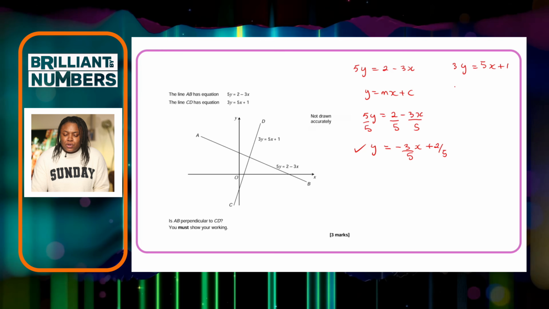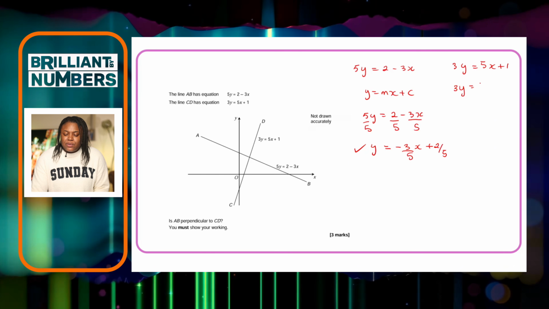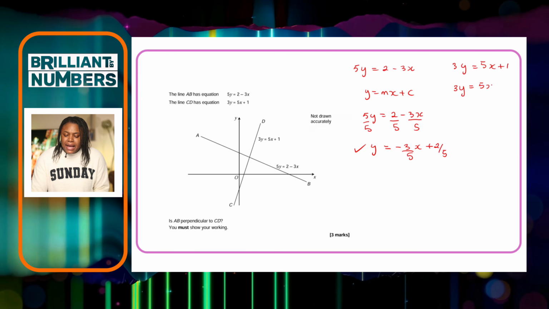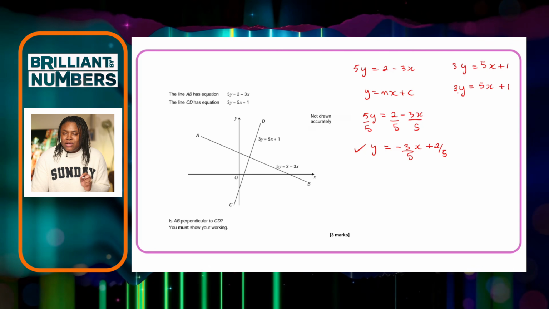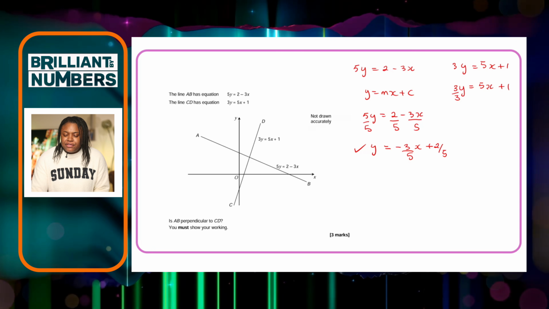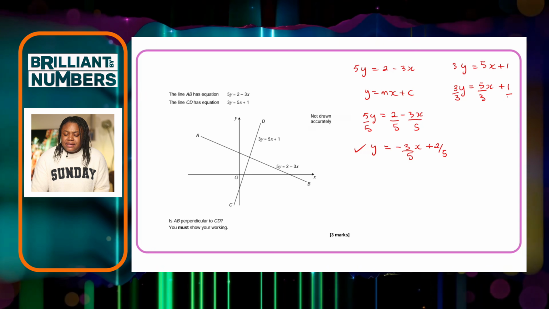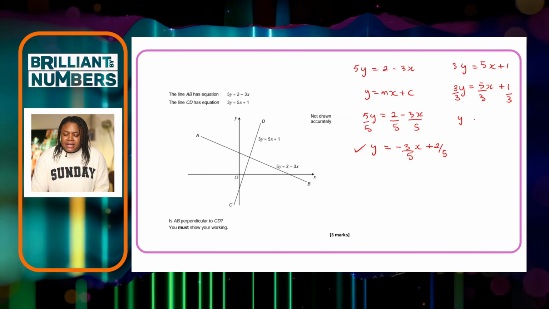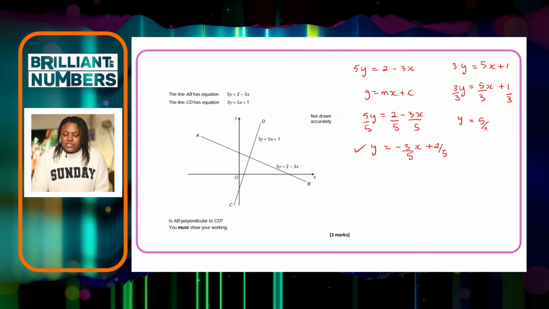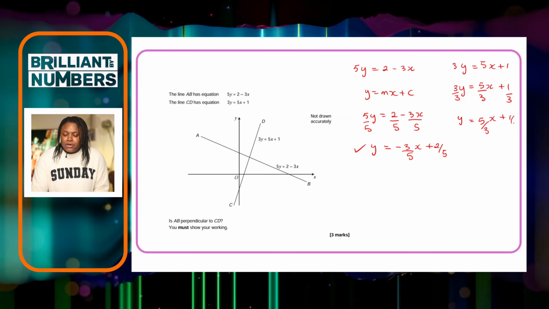Let's rearrange the second one. 3y equals 5x plus 1. Making y the subject, divide everything by 3. So y is equal to 5/3 x plus 1/3.